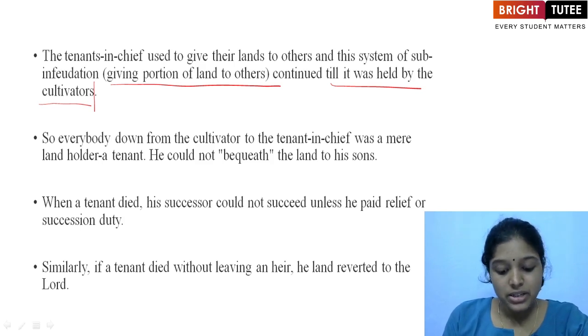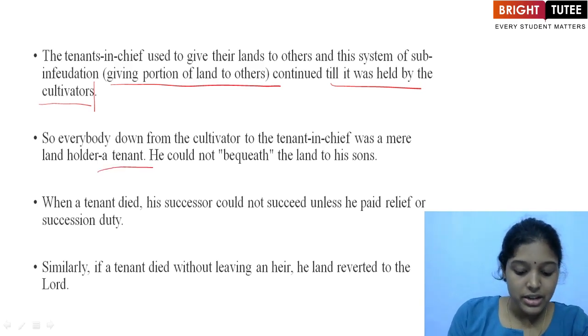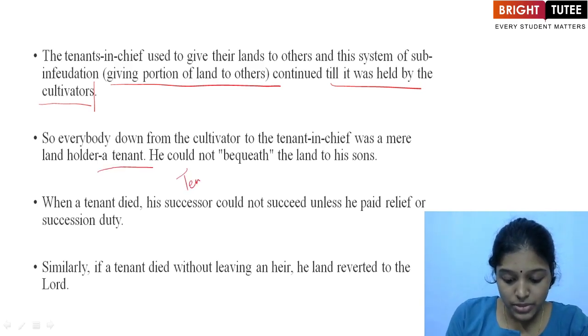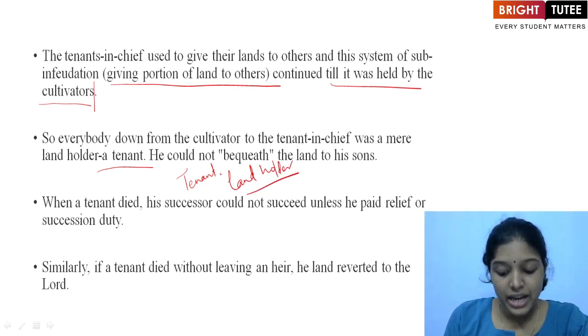So everybody down from the cultivator to the tenant in chief was a mere landholder, that is a tenant. So the meaning of the term tenant is a landholder. Important to remember is that he just holds the land, holds, not owns.